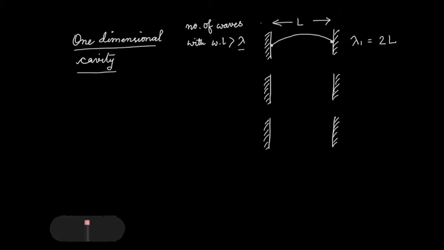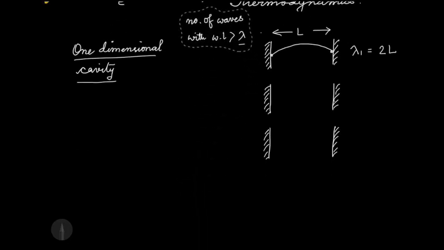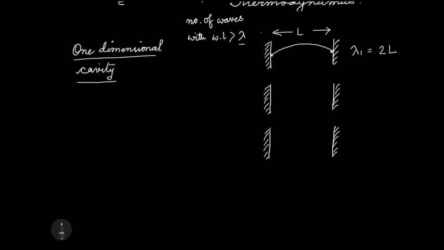So let me rearrange this a little bit so that I can write it properly. Here I will write number of waves. For wavelength equal to 2L, I can have only one such wave in the cavity. Then what can I have?